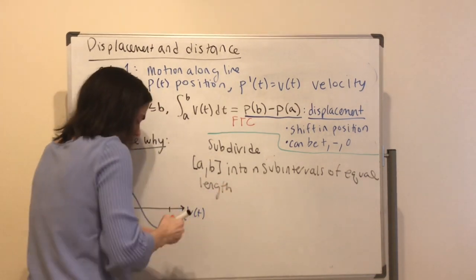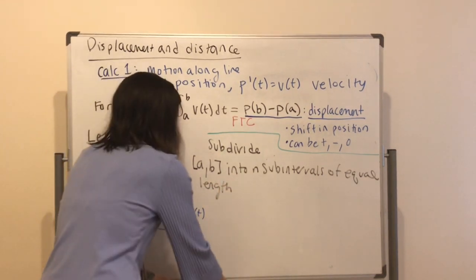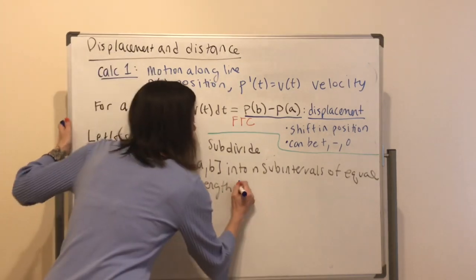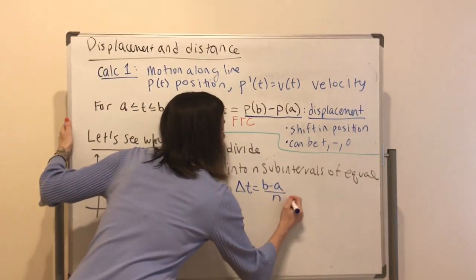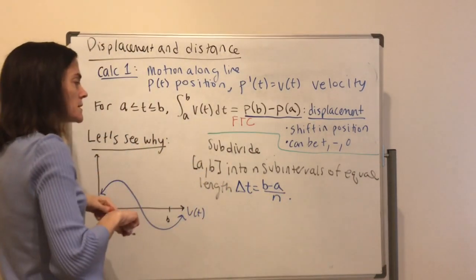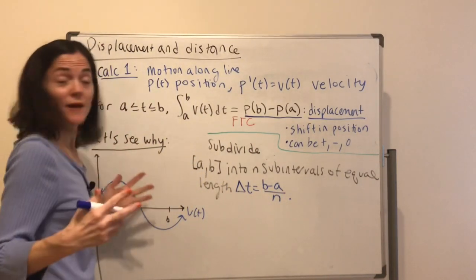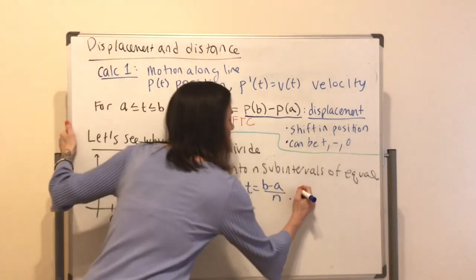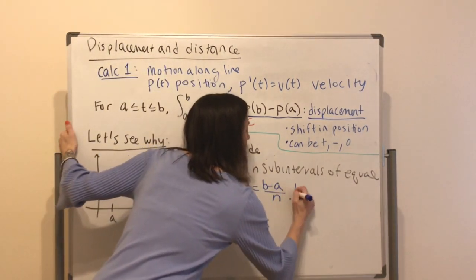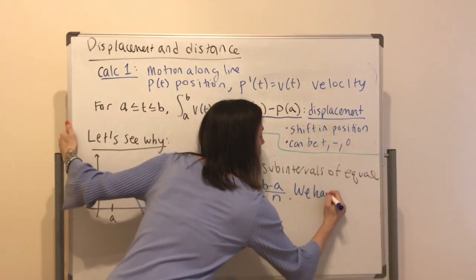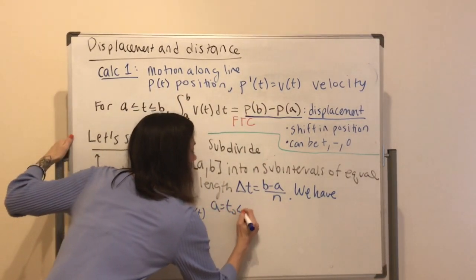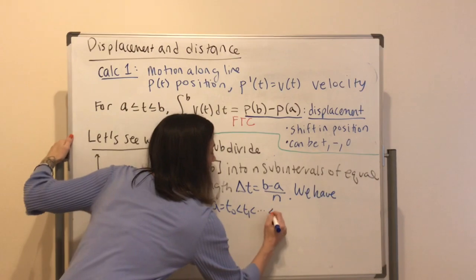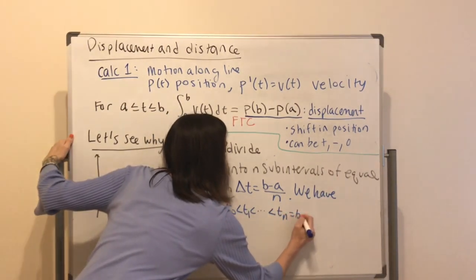My black is dying. I'll switch to blue. Of equal length, delta t, which is (b minus a) over n. And so this will give us, as you might remember from Riemann sums, some partition. So then we have, for example, a, which is t0, less than t1, less than, out to tn, which is b.